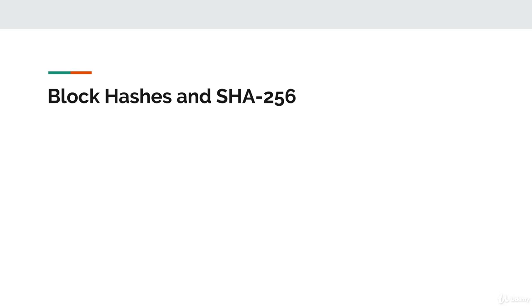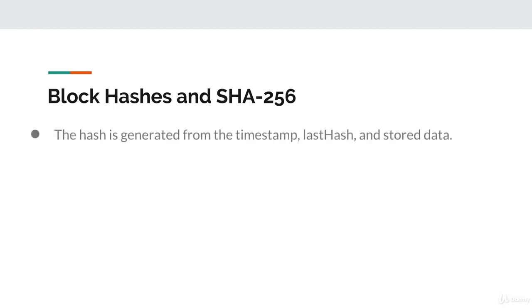We've discussed quite frequently the necessity for generating unique hash values for our blocks. This hash value is generated from all of the data particular to that block, including its timestamp, the given data it's storing, and most importantly, the unique hash value of the block that came before it.